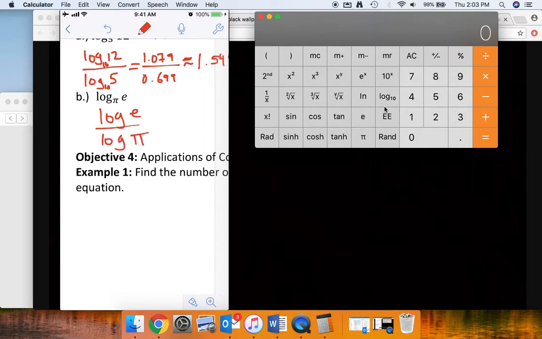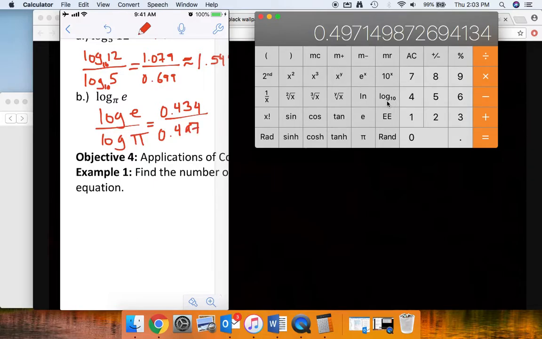Pretty easy. I'm going to do log first, and we'll do ln. So e log of that, 0.434 over, we have pi log 0.497971, and then we'll divide the two.